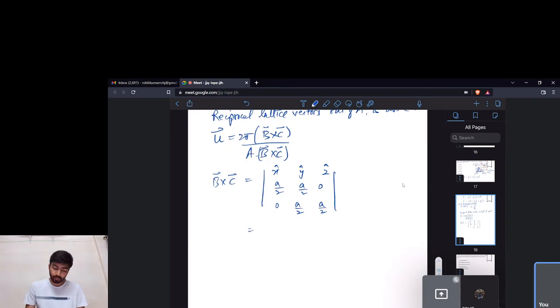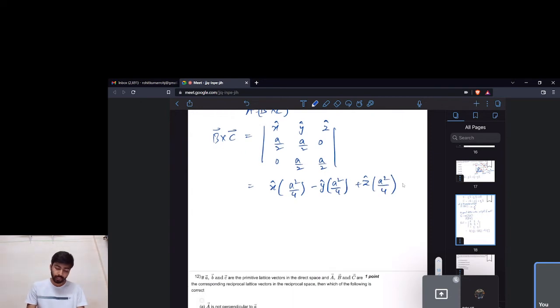B cross C comes out to be x cap A squared by 4 minus y cap A squared by 4 and plus z cap A squared by 4.